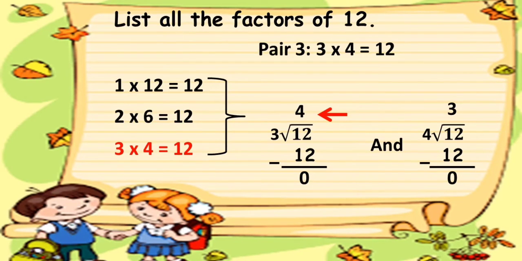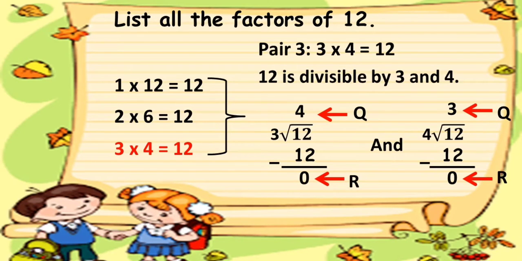And the third pair is 3 times 4 is equal to 12. When we divide 12 by 3, the quotient is 4 and the remainder is 0. And when 12 is divided by 4, the quotient is 3 and the remainder is 0.